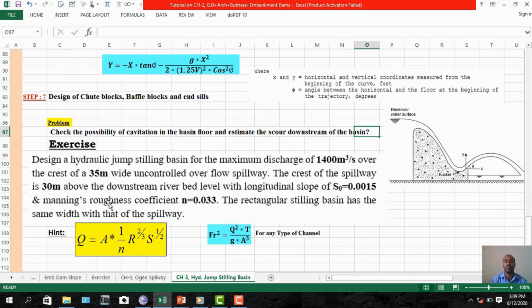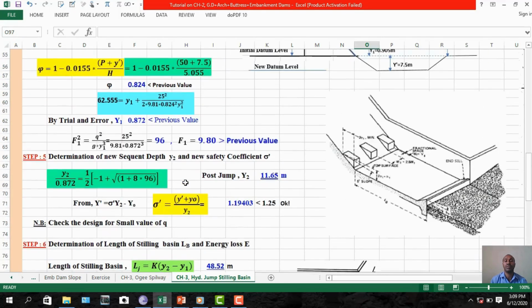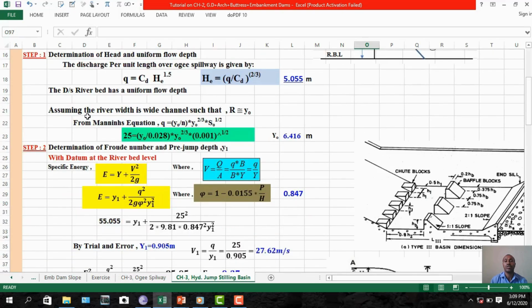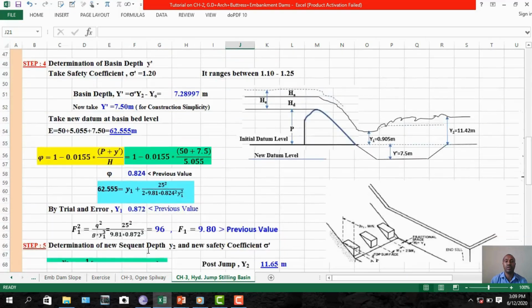This is different from the example, which means you have the width and also the total maximum discharge given, then the width of the spillway is given. But in the above example, width is already assumed, which means a wide channel, where the hydraulic radius equals the uniform flow depth, the normal flow depth.